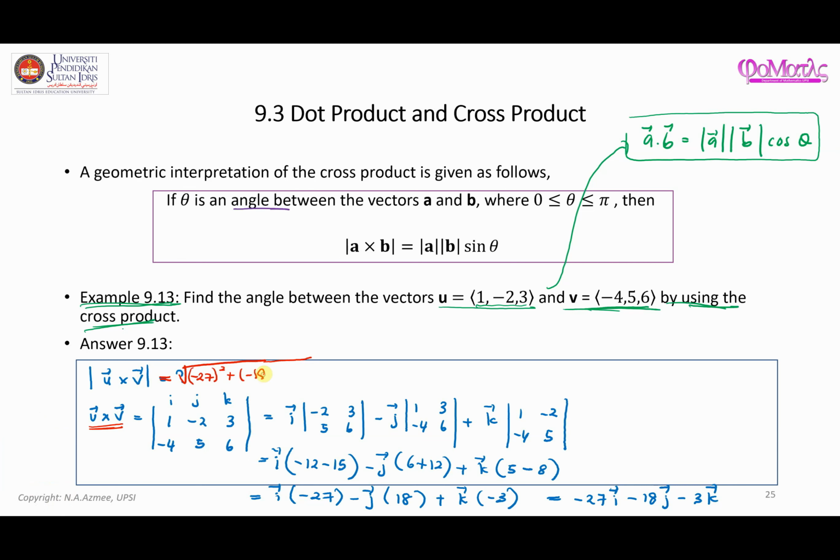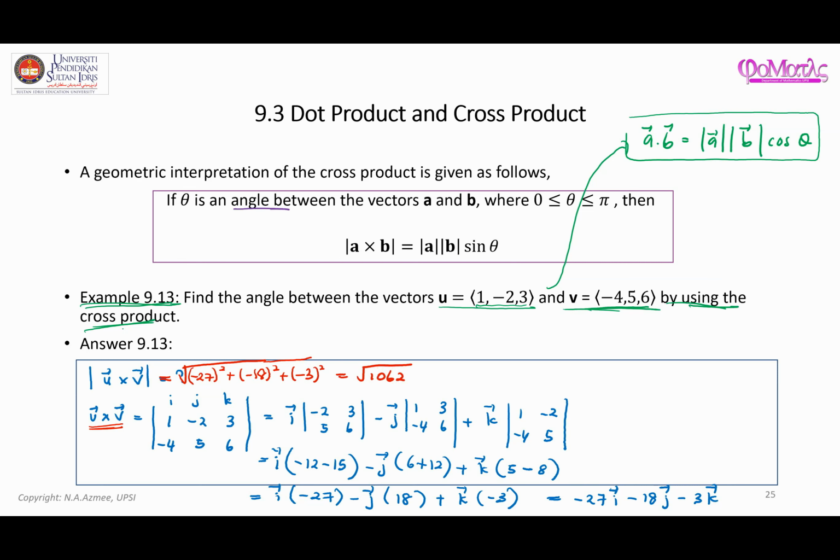So -18 squared plus -3 squared, and that will be equal to, if you punch in your calculator, the square root of 1062. Okay, so that's the first part.